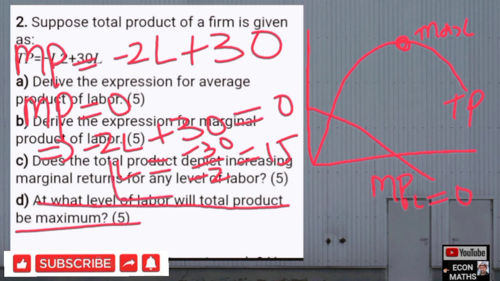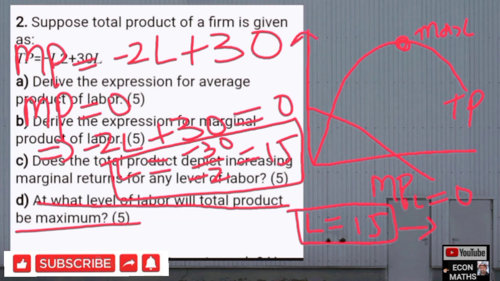So L is equal to 15. That means total product will be maximum when marginal product is equal to 0. When L is equal to 15, when the number of laborers is 15, our total product will be maximum, because when TP is maximum, then our marginal productivity of labor should be equal to 0.